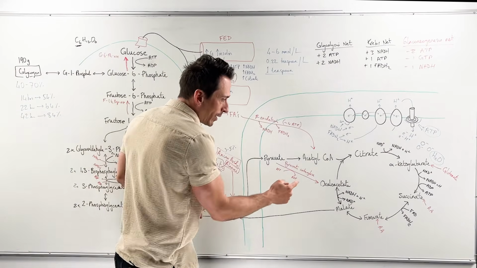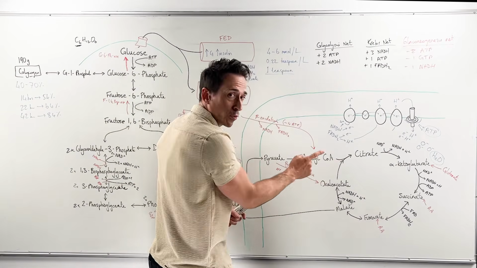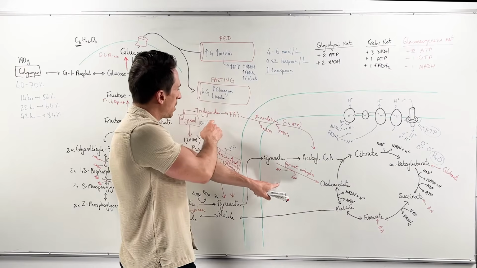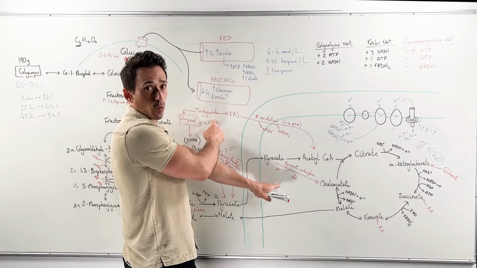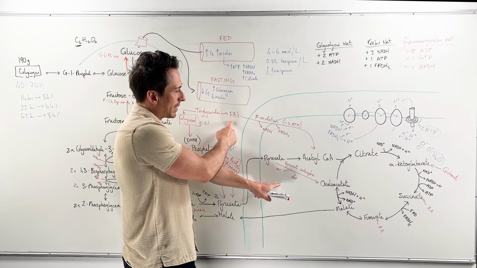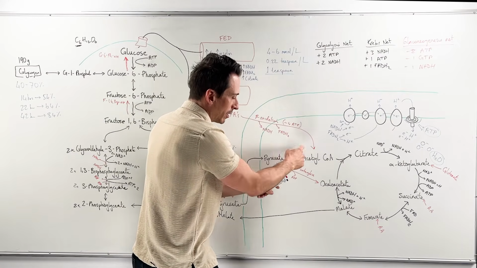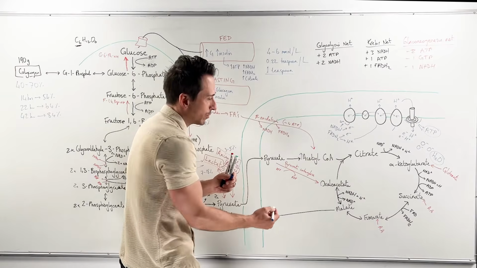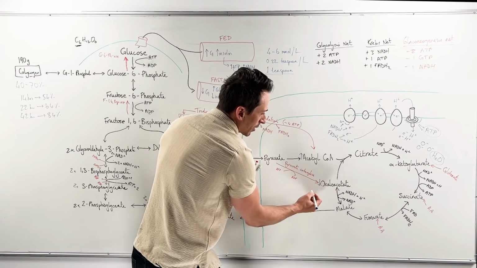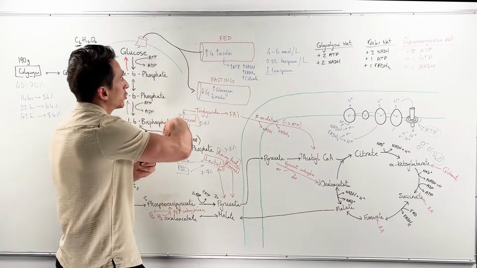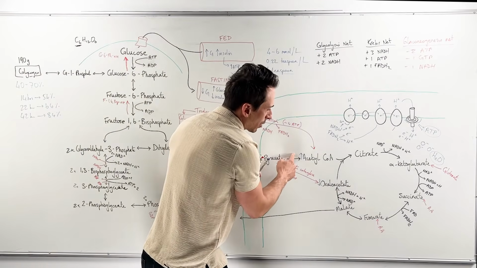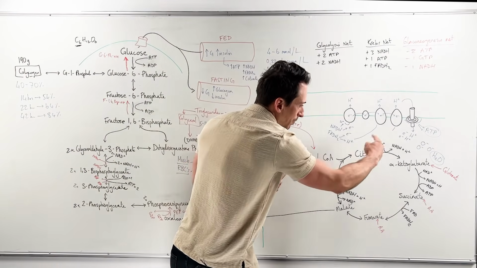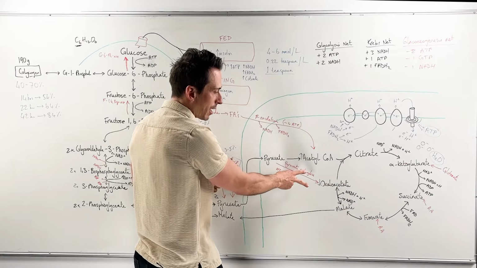But I told you we need oxaloacetate to bind to acetyl-CoA. When we break down fats, which we do when we're fasting, fatty acids are turning into acetyl-CoA. So we're increasing our acetyl-CoA levels, but decreasing our oxaloacetate levels because it's being taken out and turning into glucose. Acetyl-CoA needs to bind to oxaloacetate to make energy, but it can't.